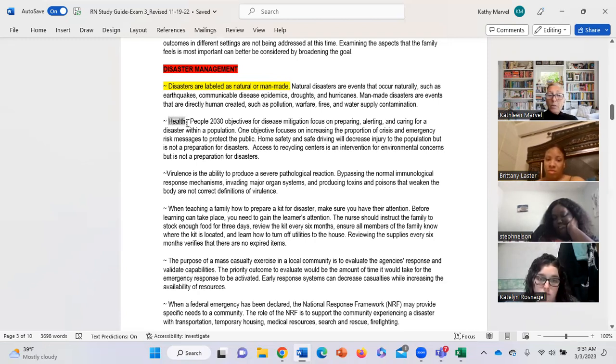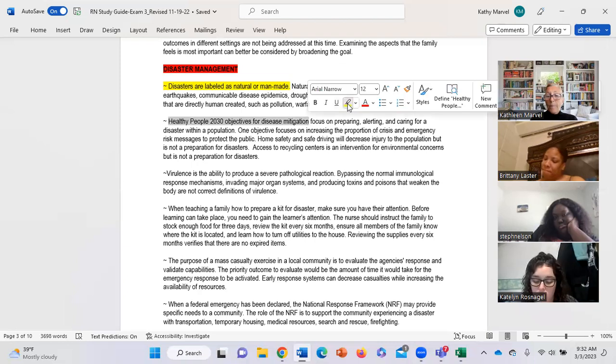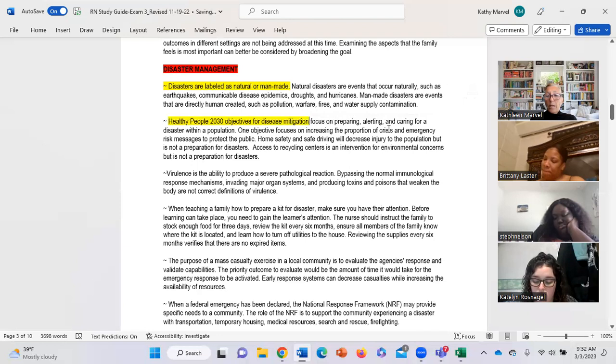Here, it's telling you the Healthy People 2030 objectives for disaster management. I would highly suggest you go back to the disaster management chapter and review the Healthy People 2030 objectives. They're geared towards disease mitigation. Read these here first. If you need some more understanding, go back to that chapter and look at the box.